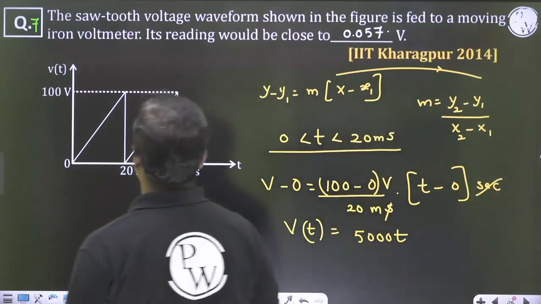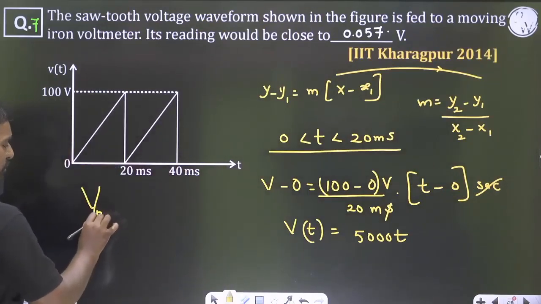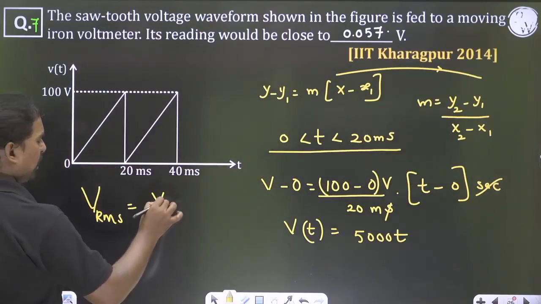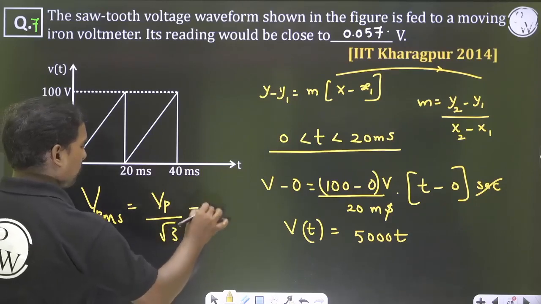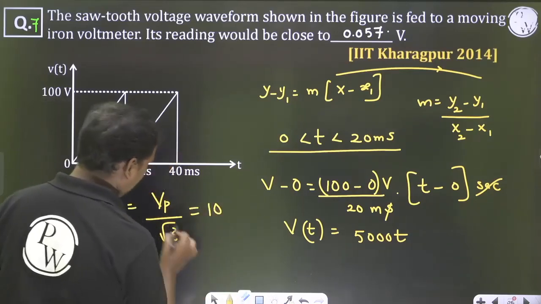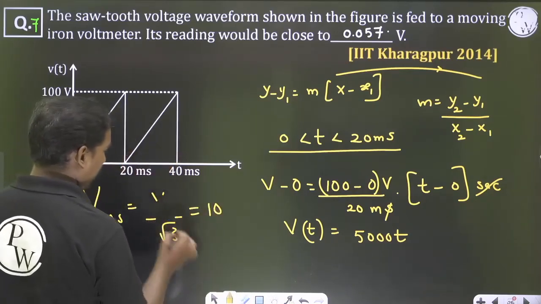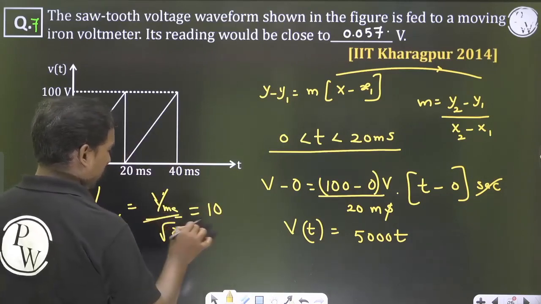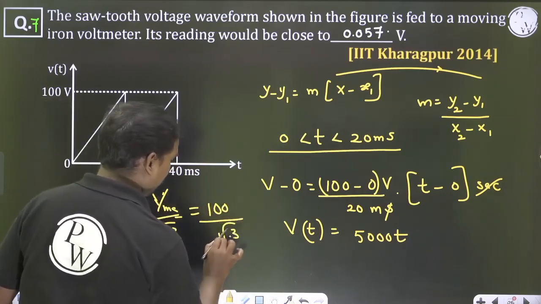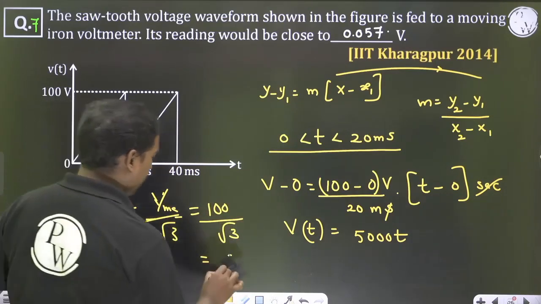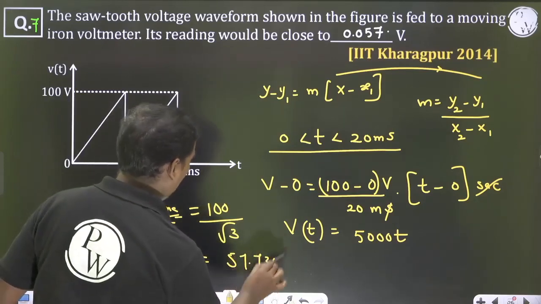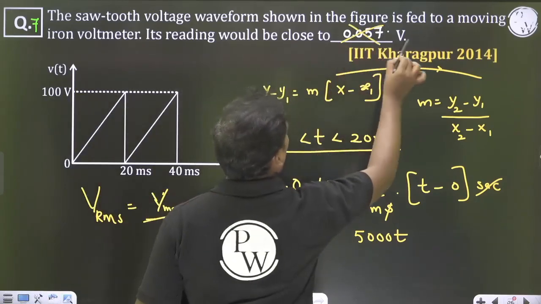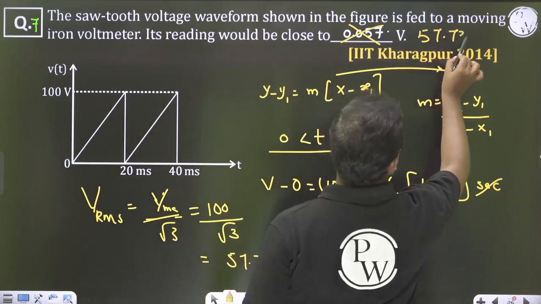Or directly we can take the RMS value from network theory as V max by root 3, 100 by root 3, that is coming as 57.7. So this is 57.75.